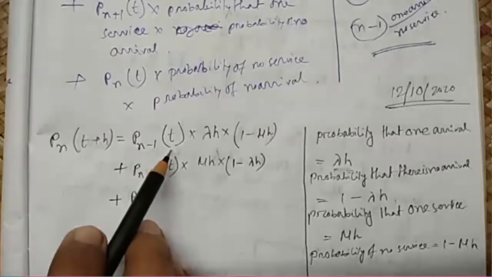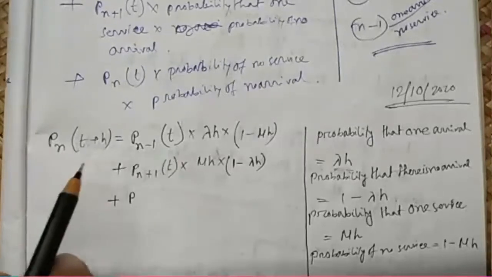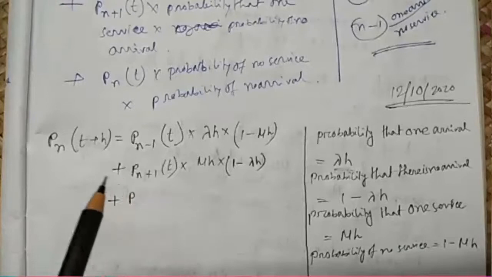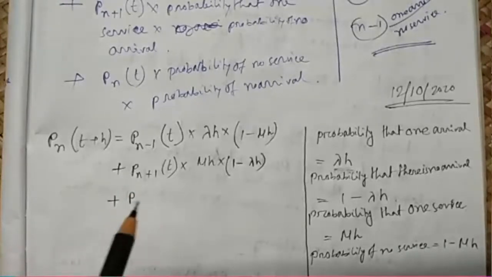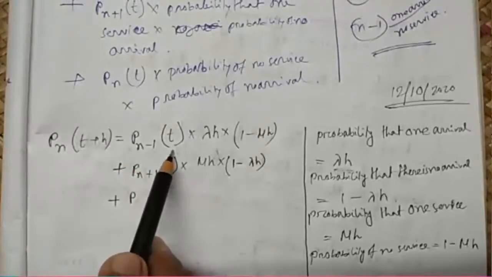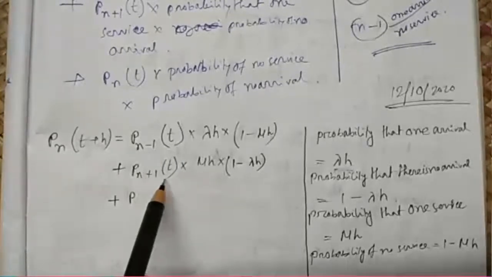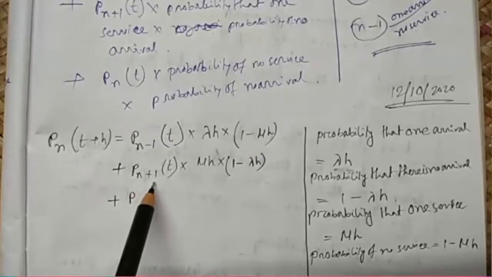At time t, the probability that in the system there are n minus 1 persons is represented by P suffix n minus 1 at time t. Pn plus 1 means at time t the probability that in the system there are n plus 1 persons.